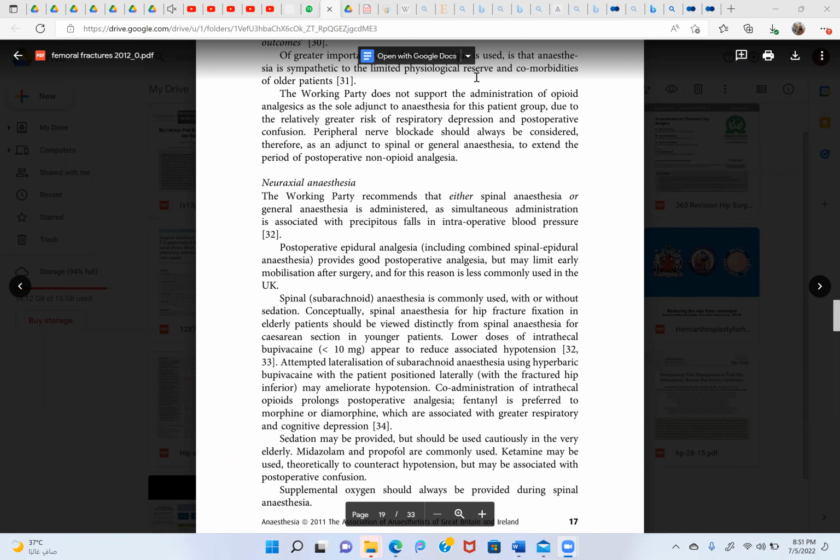Only for detection. In an emergency, if they are asking you a scenario, your answer will be: my approach will be airway, breathing, circulation. I will make sure the patient's airway is patent. I will be giving 100% oxygen. I will try to secure the IV lines if they are not there. If they are there, you will start fluid therapy. And if the patient has cardiac arrest, you will follow the ACLS protocol.